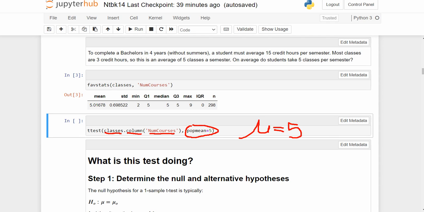Remember I said that the null hypothesis is what determines the probability experiment? So we have to let the computer know, hey, population mean is 5, mu equals 5. That's the null hypothesis that we need you to calculate the p-value for.